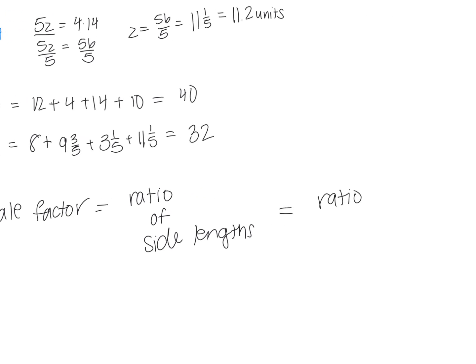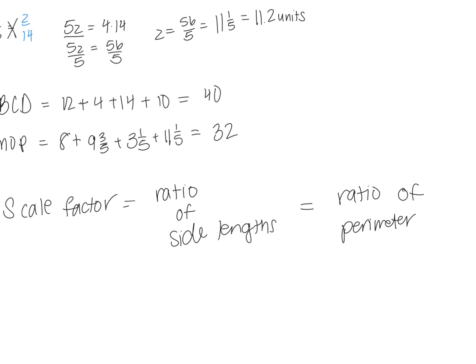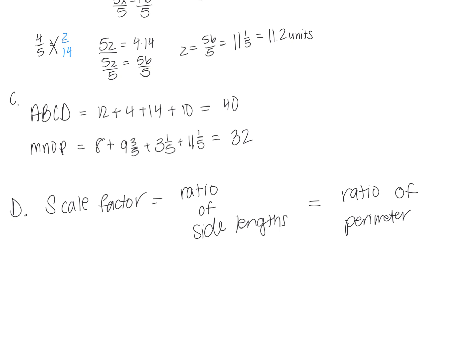And ratio of perimeter are all the same. So what was my scale factor? 4 over 5. So that's the same as my ratio of my side length. And that's the same ratio for my perimeter. All of these are going to be the same.